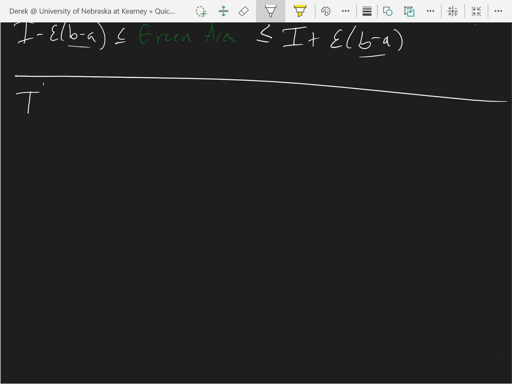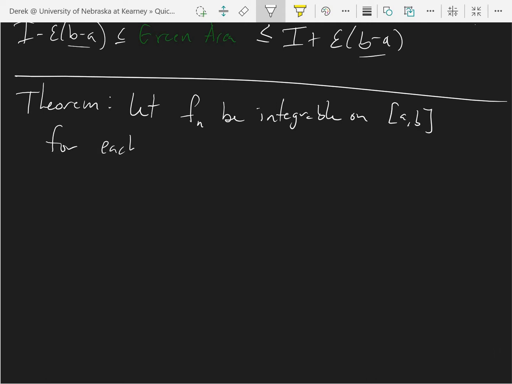So, theorem, let's write this down specifically. Let f sub n be integrable on [a, b] for each n, and suppose f sub n converges to f uniformly.